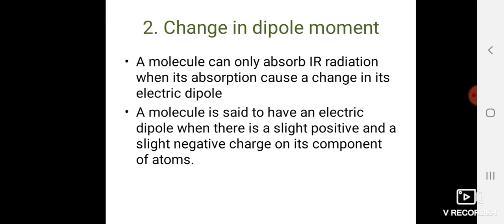So the molecule naturally has a dipole, and sometimes a dipole also gets established when the radiation is absorbed by the molecule. This alteration in the electrical dipole is what is seen, where slight positive and negative charges get created on the atoms within the molecule.